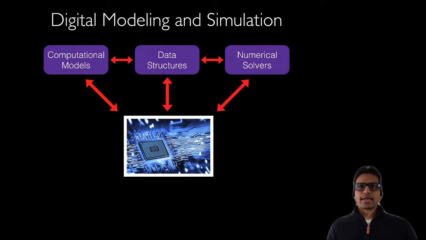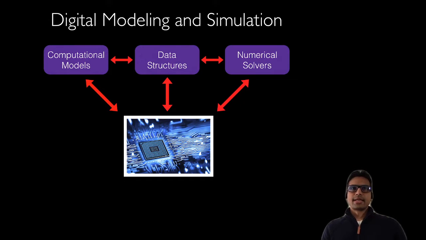Okay, so with that said, my research basically looks at the underlying computational models, the associated data structures, and numerical solvers, and how they interact with the underlying hardware to allow high quality simulations to run on commodity workstations.